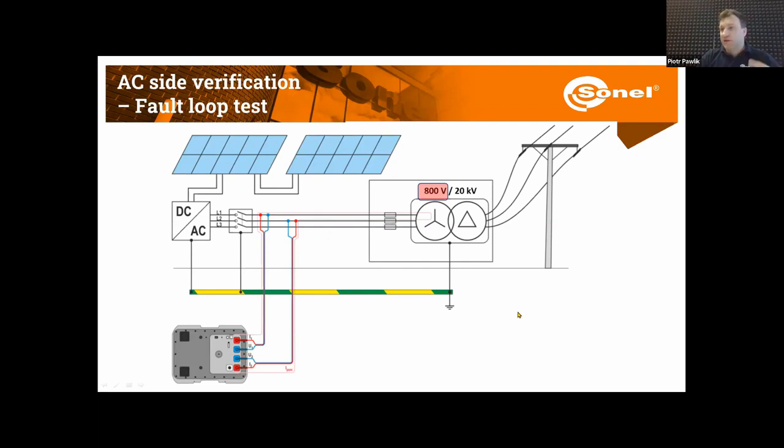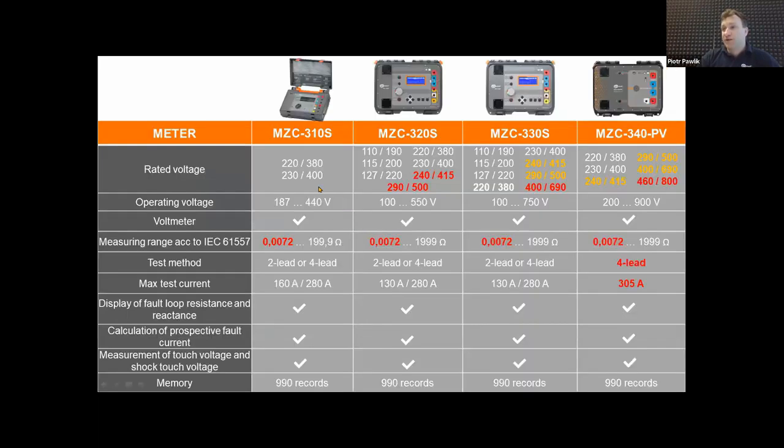So when selecting the meters for checking fault loop impedance, make sure that they are working with the appropriate operating voltage. So whatever is the voltage on the low voltage side of your transformer, make sure that the meter can handle that. And another important parameter is to make sure that your meters can also measure low values.